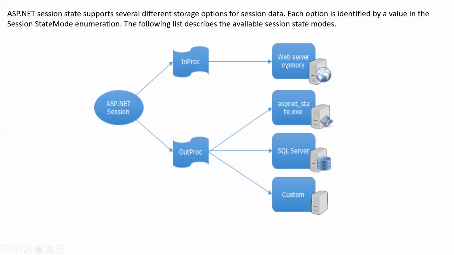By default, the thing we are using is InProc mode, so this is stored in the web server local memory. That way it reduces the burden of maintaining other web servers and occupying more resources to manage the session.